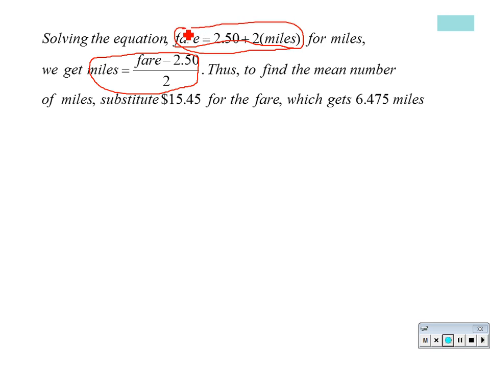So I basically subtracted 2.50 on both sides, and then I divided by 2 at the end. So to find the mean number of miles, I'm just going to substitute this $15.45 in for the fare here. And when I do that, I end up getting a value of 6.475 miles. So that covers part A, the mean of the number of miles he rode in the cab.